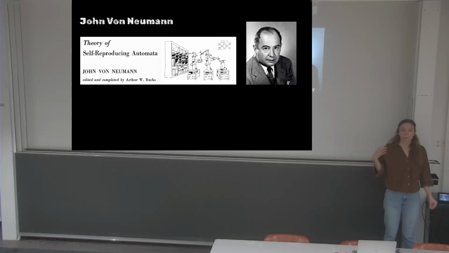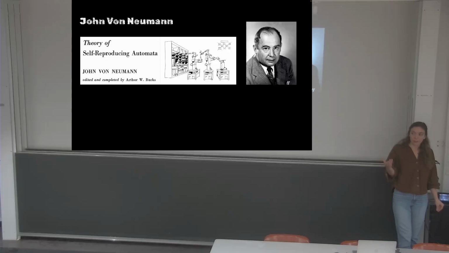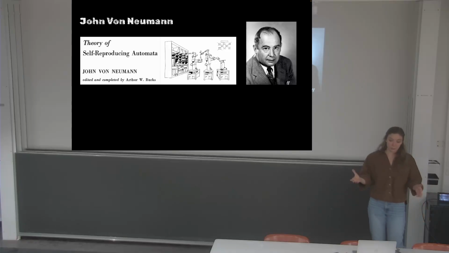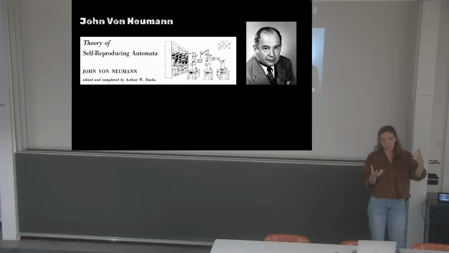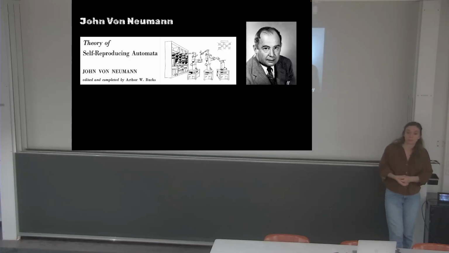He came up with a very important conceptual distinction which helped him solve this seeming paradox, and that's to decouple the organism into two parts: a tape, which contains information, for instance, descriptions of machines, and a machine which can act upon the tape.